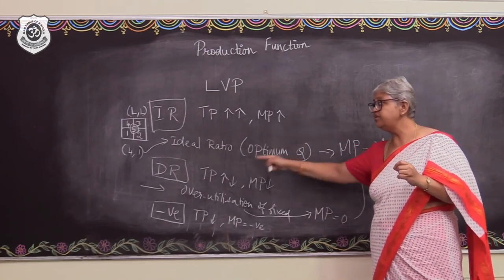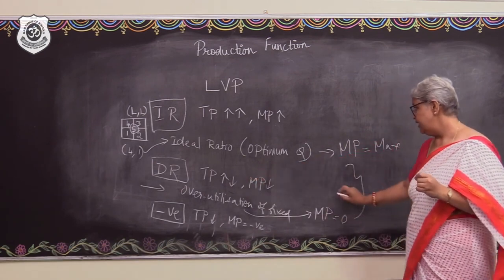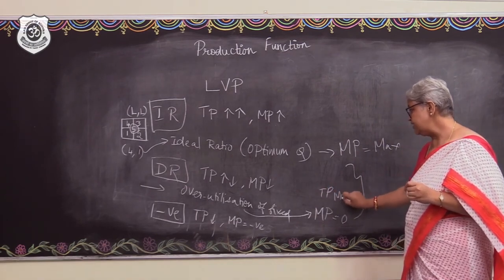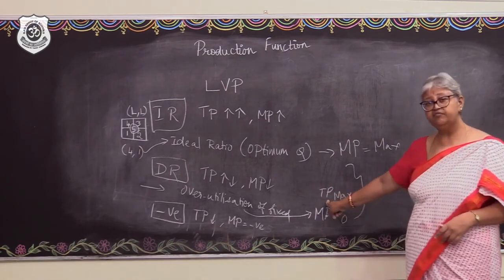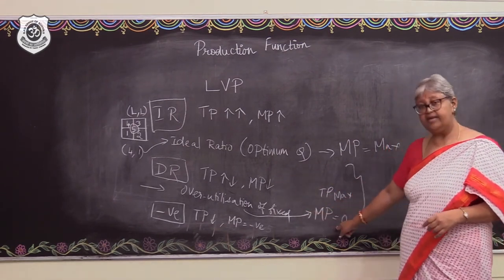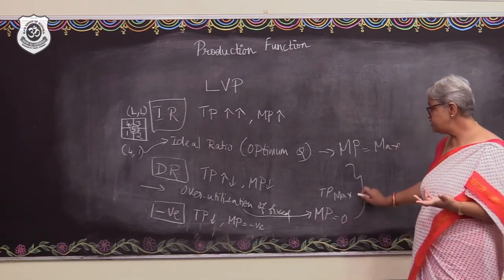So at the end of the decreasing returns phase, the total product is going to become maximum, wherein the marginal product will be 0.